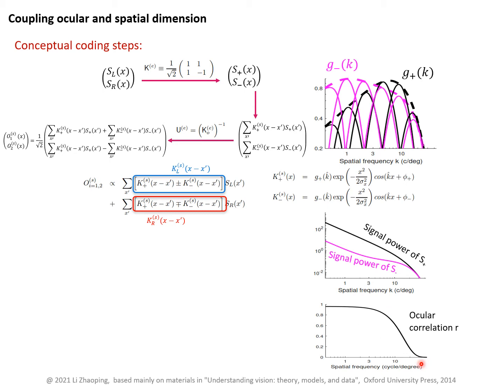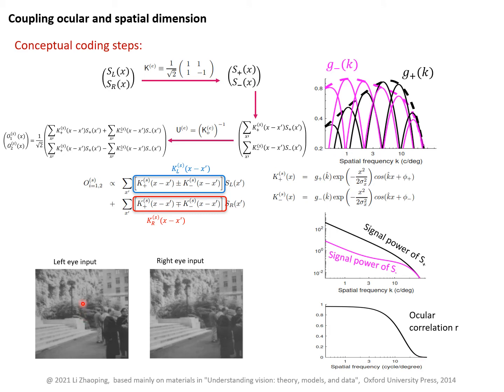This is because the two retinal images, one image for the left eye, another image for the right eye, are very correlated if you look at them at a coarse scale. And coarse scale corresponds to a low spatial frequency. However, at high spatial frequency, which means fine scale, they are not so correlated. For example, at these exact pixel locations, they are not so correlated.